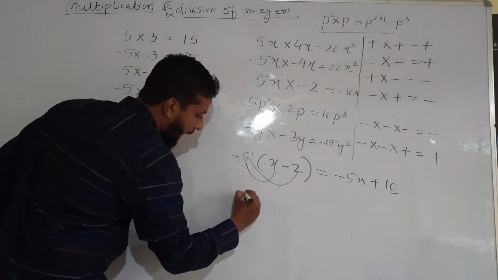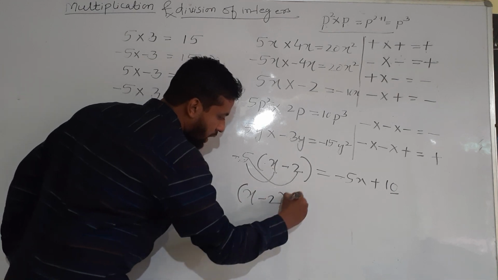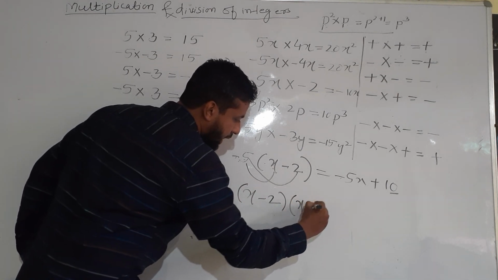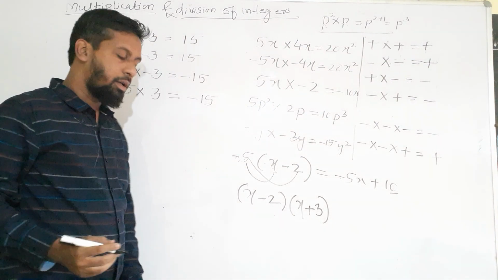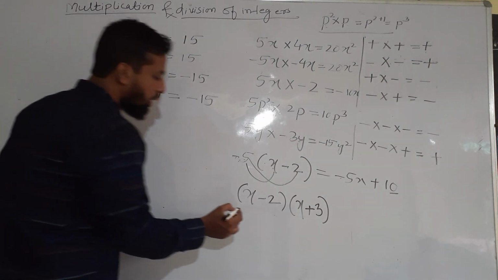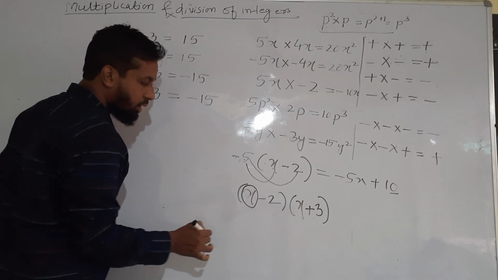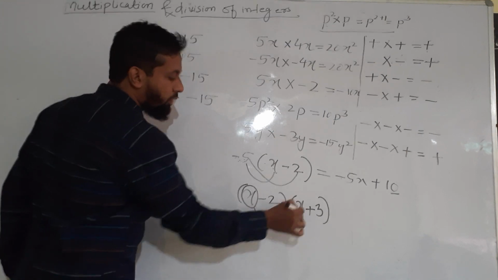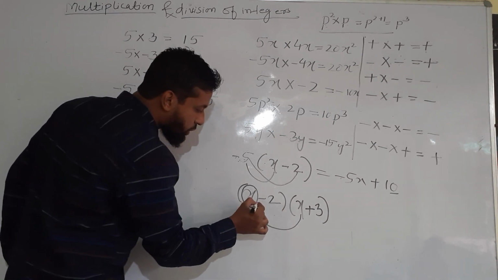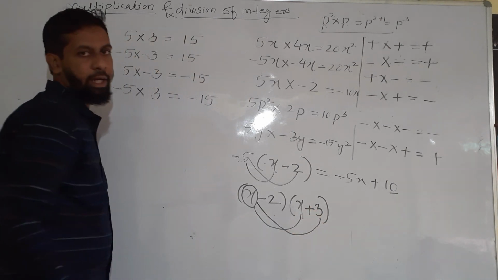Suppose if two brackets are like this, one is x minus 2, another is x plus 3. Let's see how to open the bracket. First term of the first bracket has to be multiplied with the first term of the second bracket, also second term of the second bracket.